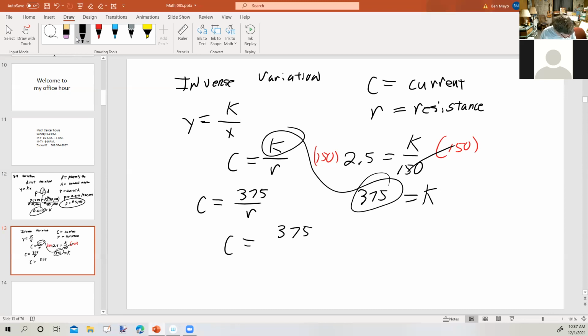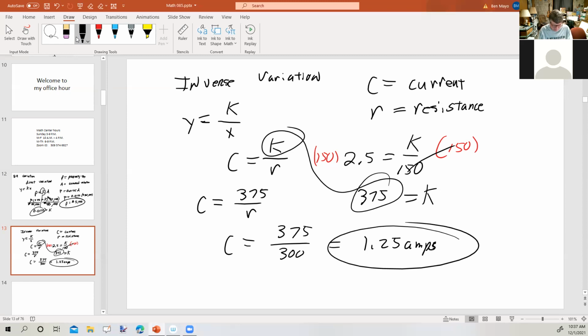Well, the resistance was 150 ohms, so now it's going to be 300 ohms. And so we get 375 divided by 300, which is 1.25, and that is amps. Okay, so there's an example of inverse variation.